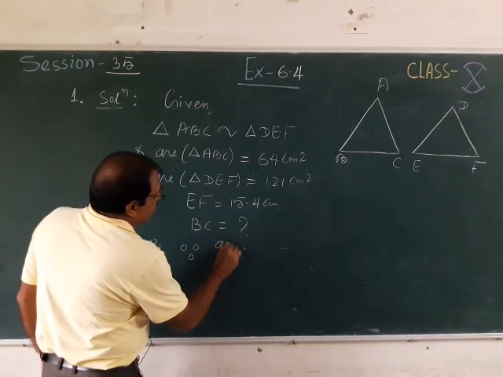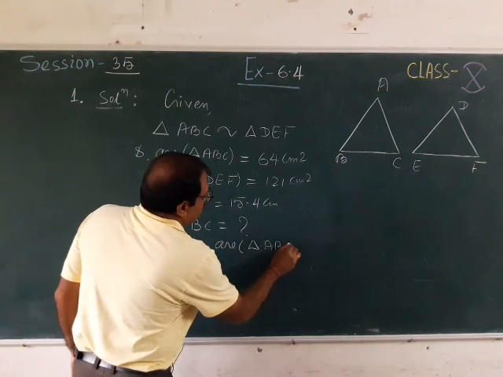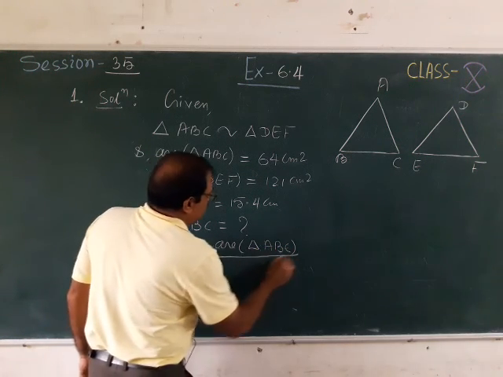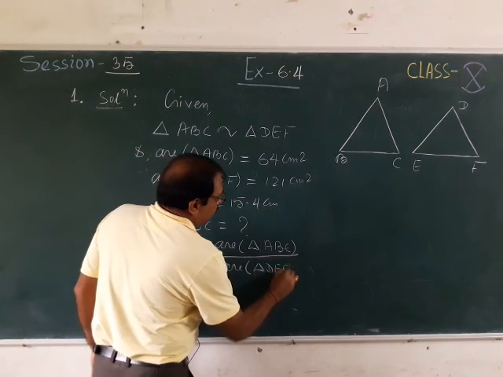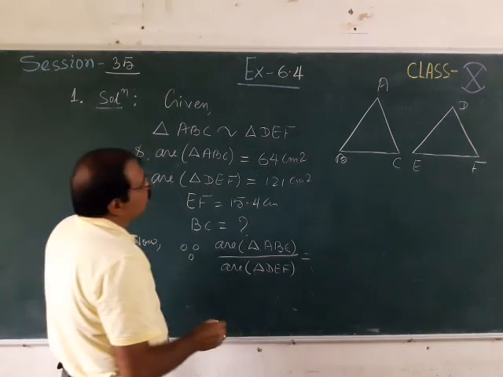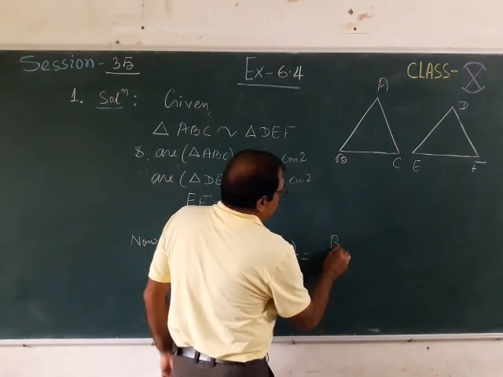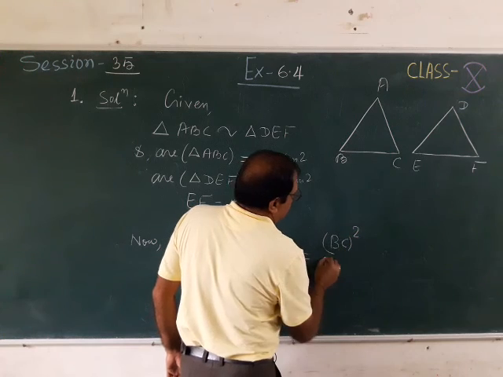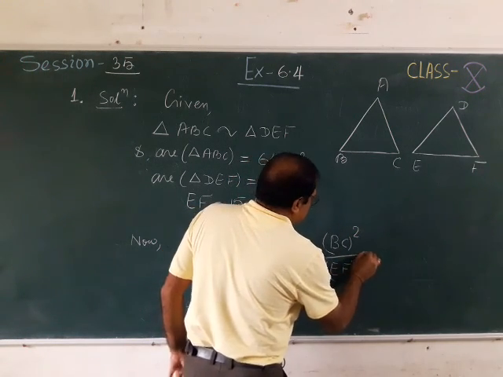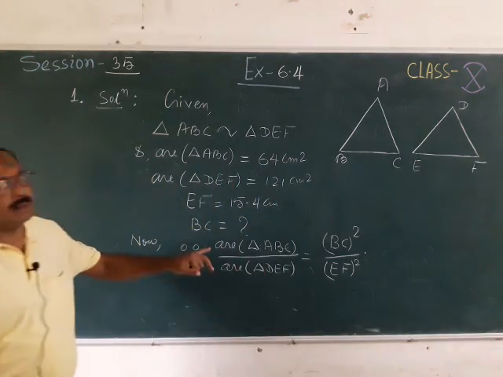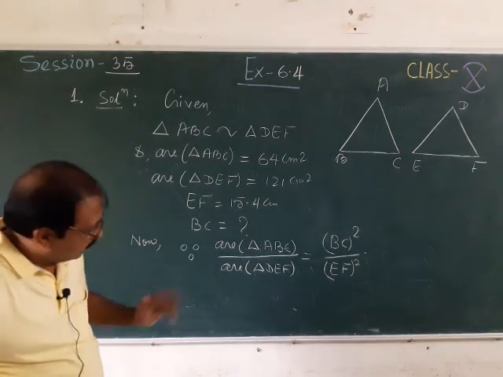Since area of triangle ABC upon area of triangle DEF is equal to BC square upon EF square, that we know from theorem number 6.6, which we have just discussed.